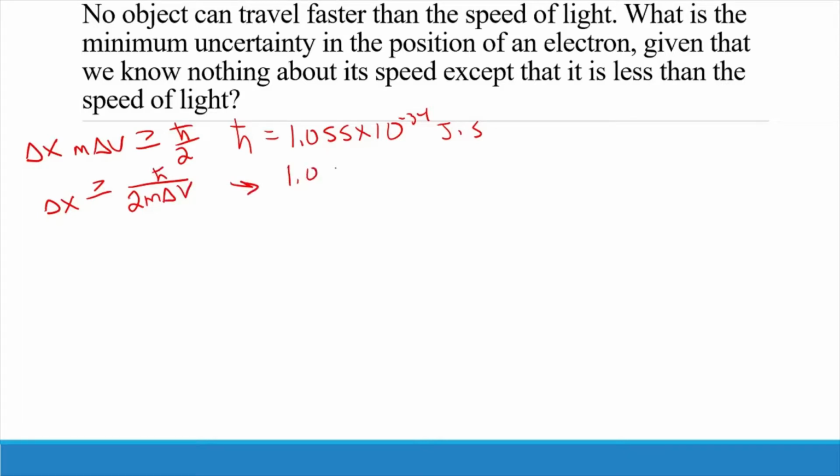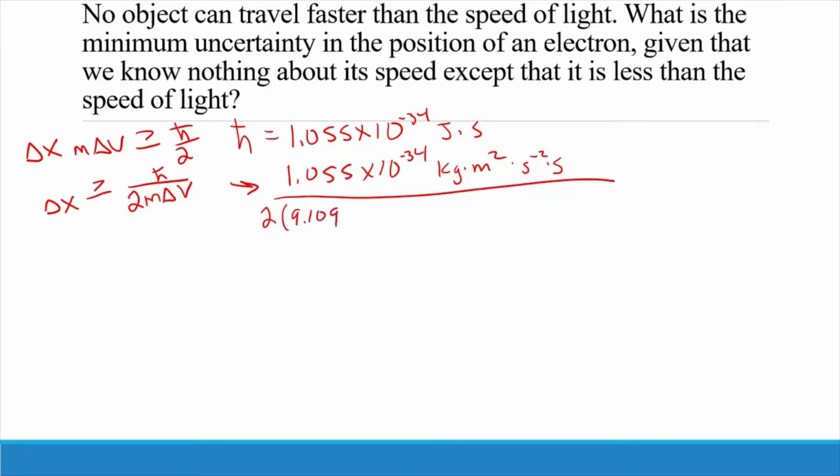So then that's 1.055 times 10 to the negative 34th kilograms times meter second times inverse second squared times seconds, divided by 2 times 9.109 times 10 to the negative 31st kilograms times 2.998 times 10 to the 8th meters per second.